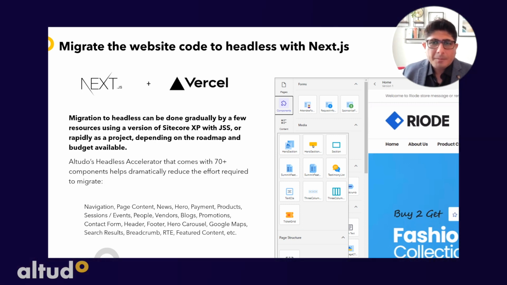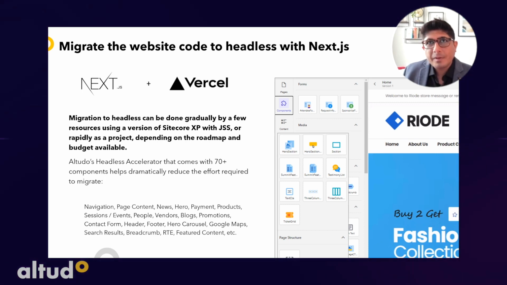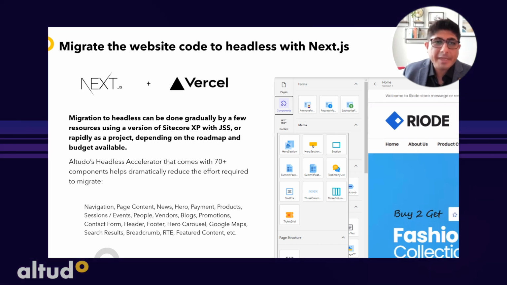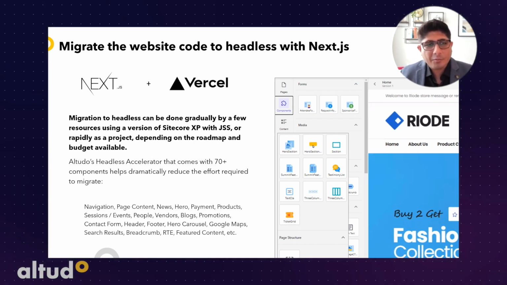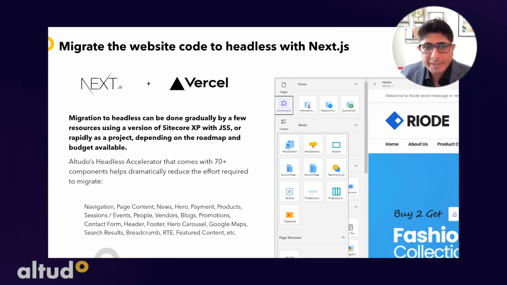Now, this is the biggest piece of scope whenever we think of such migrations. If we are into headless already, then the path will be faster. If we are still in Sitecore MVC, then it will take certain time based on the total number of components and pages we need to rewrite in Next.js.